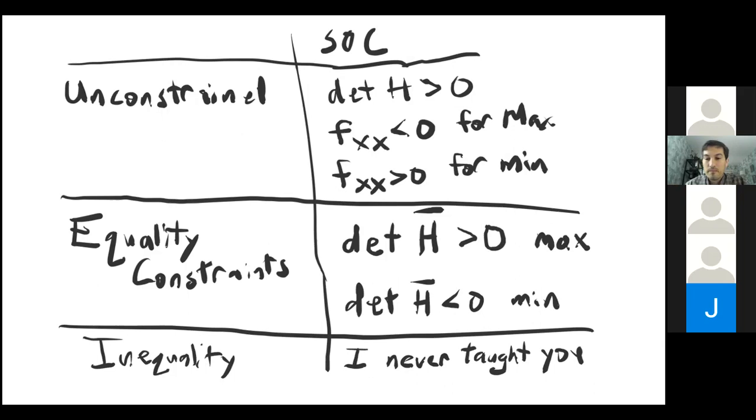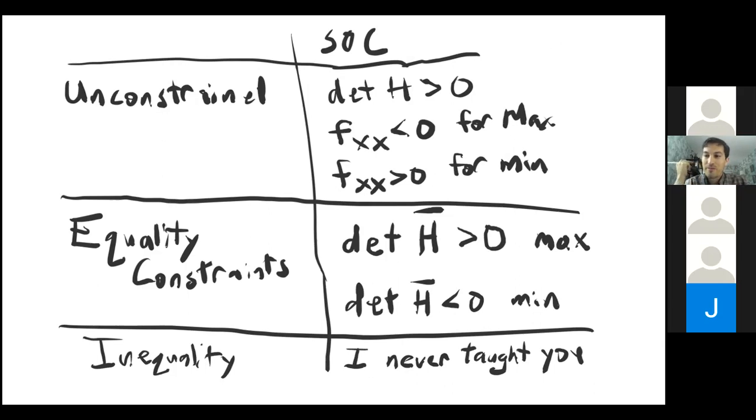I have a question about the bordered Hessian. Sure. A couple classes ago, we talked about the bordered Hessian matrix and how in the second row, instead of f_xx, it's L_xx. Does that make sense? Yes, and I apologize for that.